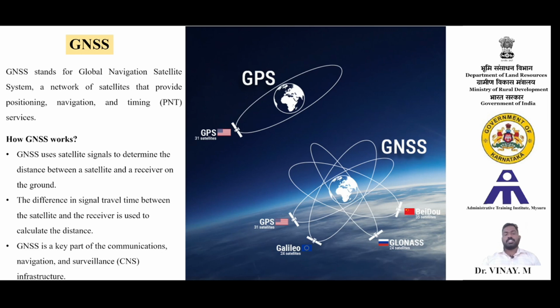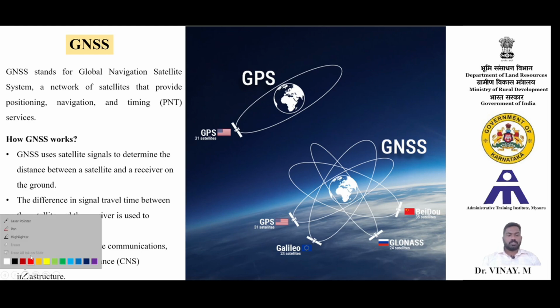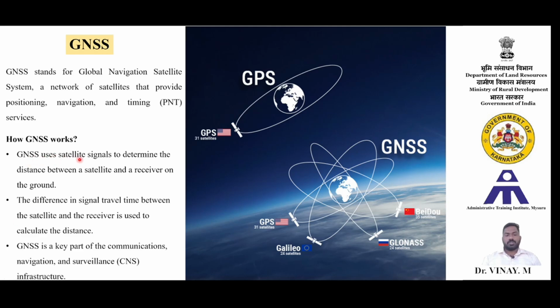If we look into the GNSS, it uses a constellation of satellites. Constellation means the satellites are arranged in a certain manner to cover the entire world. The GNSS uses satellite signals to determine the distance between the satellite and the receiver on the ground.